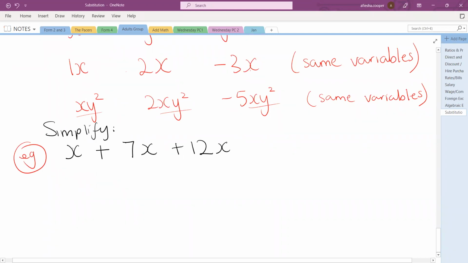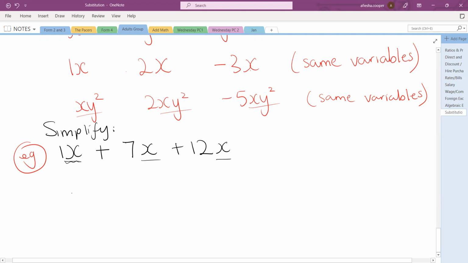So first thing I need to watch is, are my variables the same? X, and x, therefore, they are the same. What's the coefficient on the first x? This one here. 1. So you can put that in there.